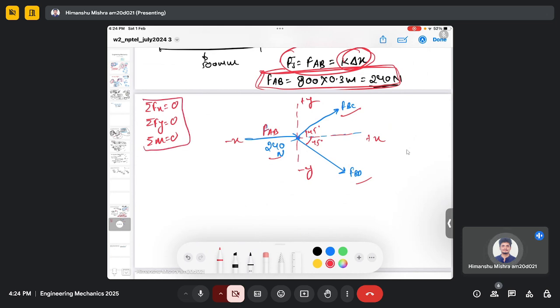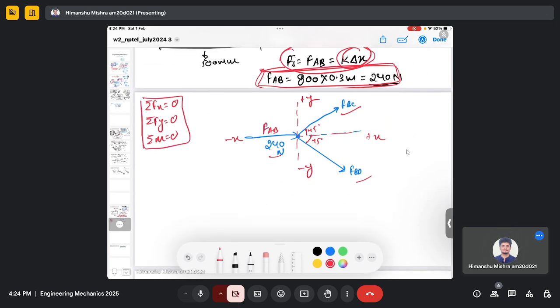So as you might have noticed, until now we have been using these two equations only to calculate the unknown force, but we have not used this equation until now because it was not required, because in the earlier problems there were only two unknowns. So these two equations would be enough to calculate those two unknowns.